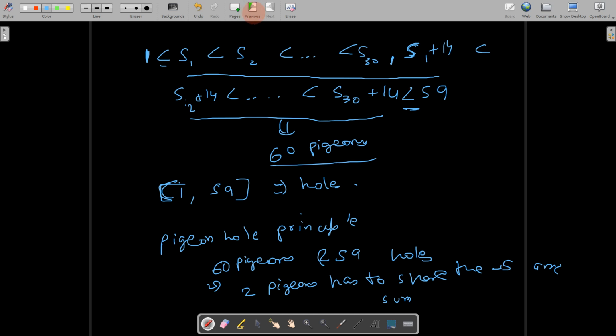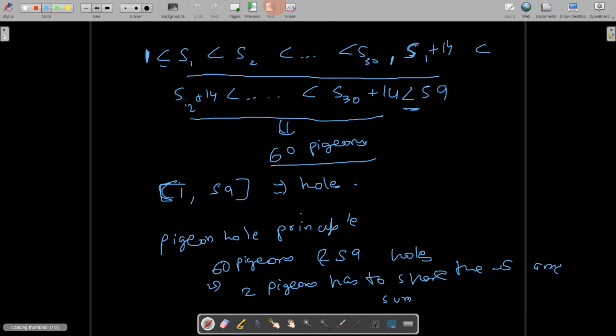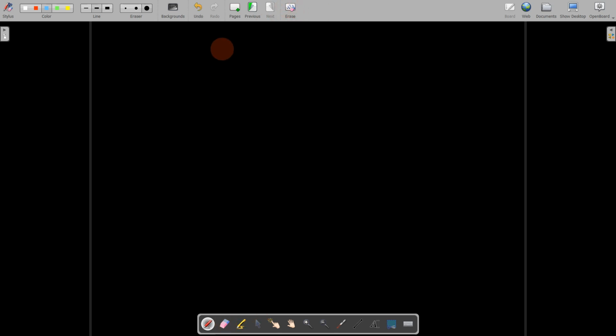One is taken from the above series, which we assume is Si, and from the below series a general term would be Sj plus 14. So the only values that can be equal is Si equal to Sj plus 14, and we have proved that Si minus Sj is equal to 14.